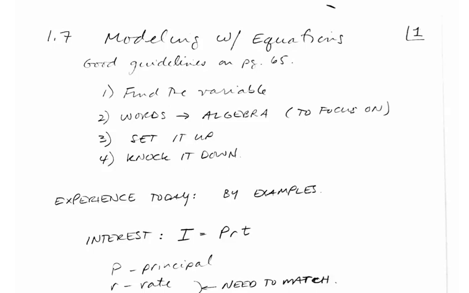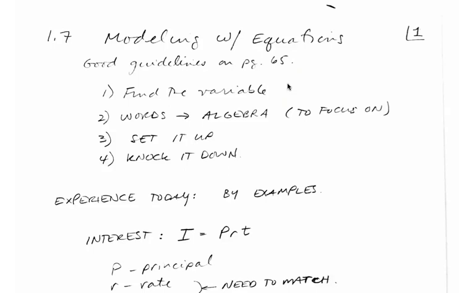We're going to work cyclically, and as we apply the steps, we're going to do those steps multiple times. So there's multiple iterations in modeling an equation from a word problem. It's like a puzzle, and we want to get you excited about this puzzle, because it's going to be here the whole rest of the year.